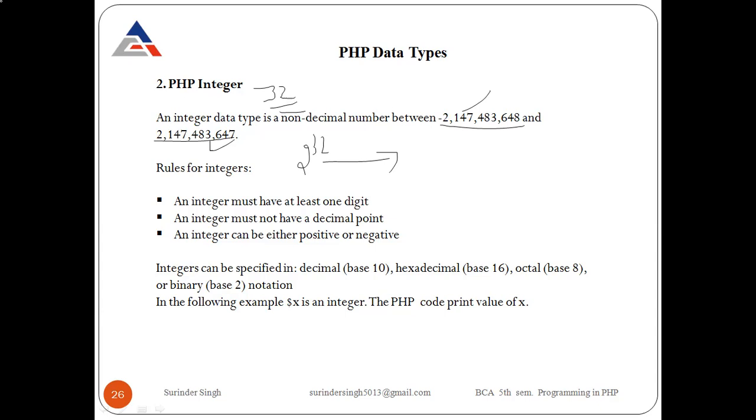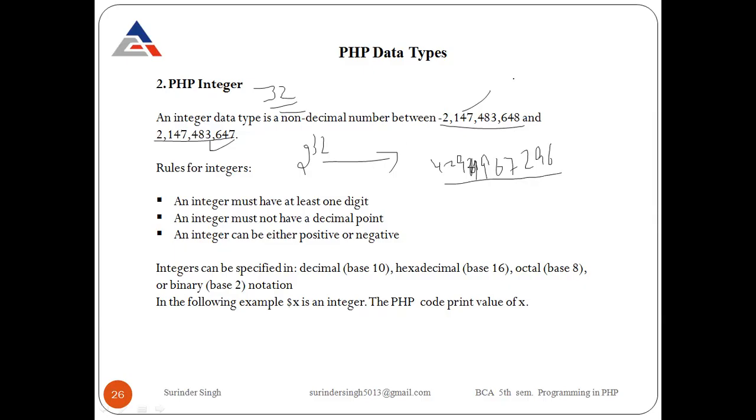Then you will get the value 4294967296 after multiplying 32 times.